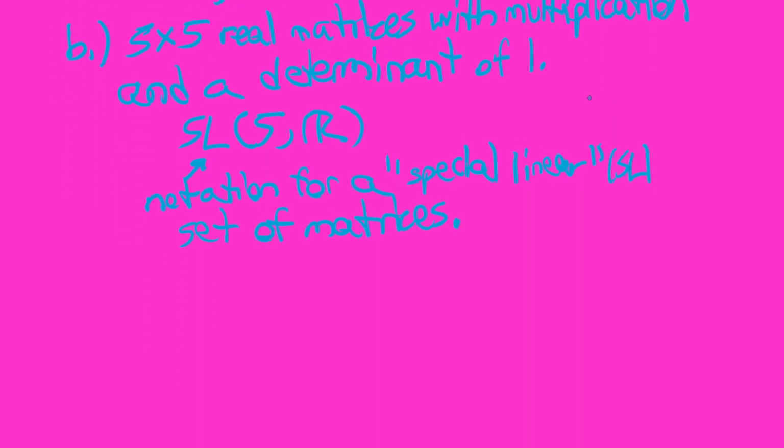And then the third one that they want us to look at is complex numbers under multiplication, or shorthand notation, complex numbers with multiplication binary operation.